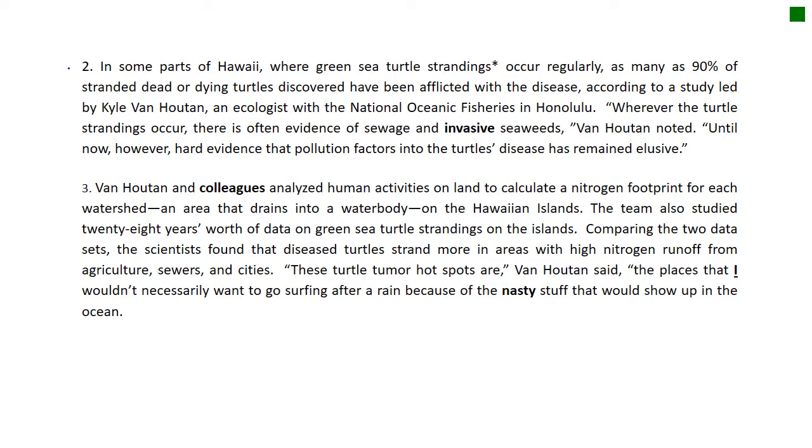An ecologist with the National Oceanic Fisheries in Honolulu, which is the capital of Hawaii. Wherever the turtle strandings occur, there is often evidence of sewage and invasive seaweeds, Van Houten noted. Until now, however, hard evidence that pollution factors into the turtle's disease has remained elusive.